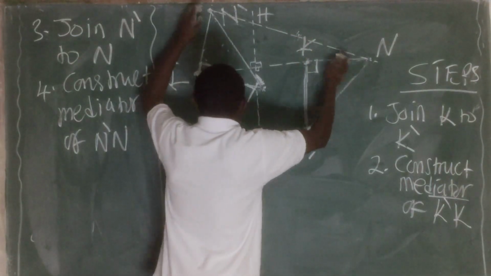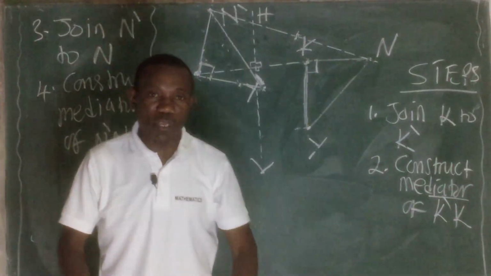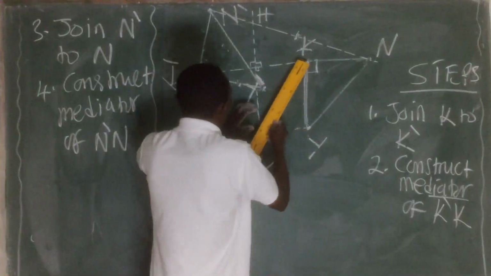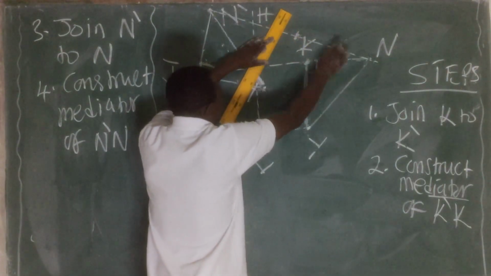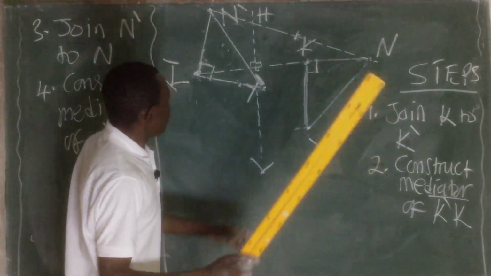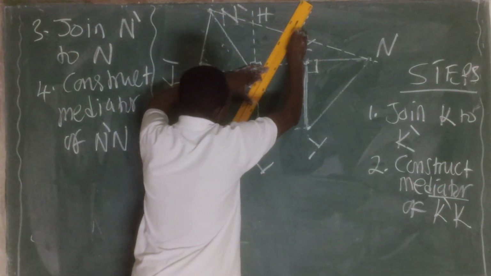Through construction, you'll be able to identify which is the middle part of that line. So let us take that maybe the midpoint is here for N prime N. So what you do is you are going to draw that mediator and it becomes like that.